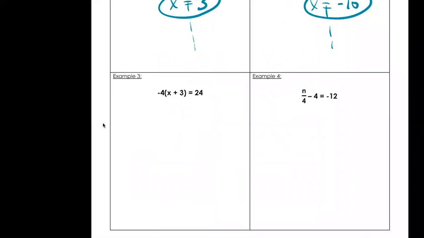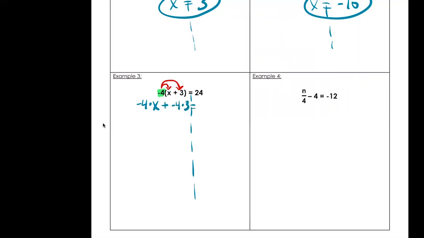Okay, in example 3, we have parentheses. So we're going to do distributive property for this one. Distributive property means you take what's outside the parentheses, which is -4, and you multiply it by everything that is inside the parentheses. So we have -4 times x plus, always plus, -4 times 3.